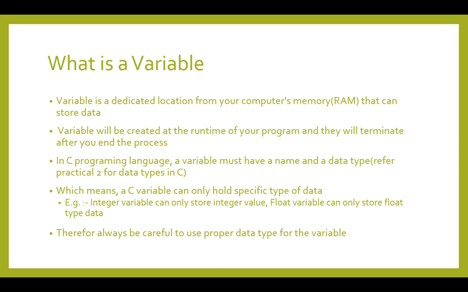So by having a variable, what we are going to do is we will point out a specific memory location in our computer's RAM. So we can store values in that specific memory location.